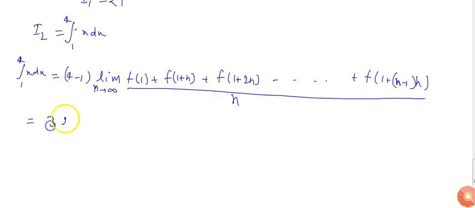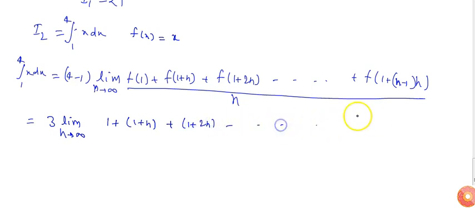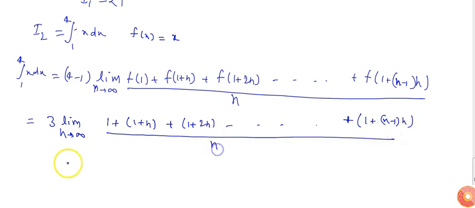So it will be 3 limit n tends to infinite. Our f(x) is x, so f(1) is 1, so 1 plus f(1 plus h) is 1 plus h, f(1 plus 2h) will be 1 plus 2h, up to 1 plus (n minus 1)h, divided by n.